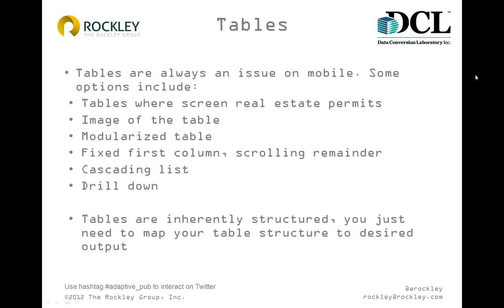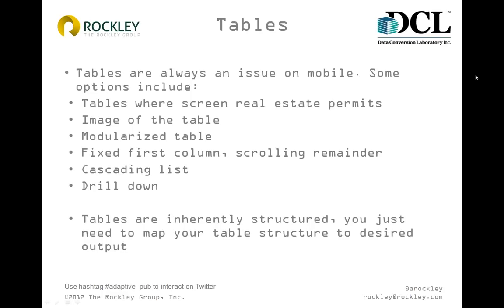They don't lose their sense of place. If you don't have that option, you can also do an overview kind of table, and you can drill down in that information. So you just have to think outside of the box when you're thinking about tables. And with tables, we're pretty lucky because tables are inherently structured, so you need to just map what it is you want to do with them.